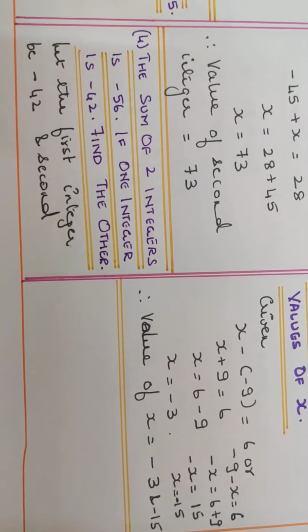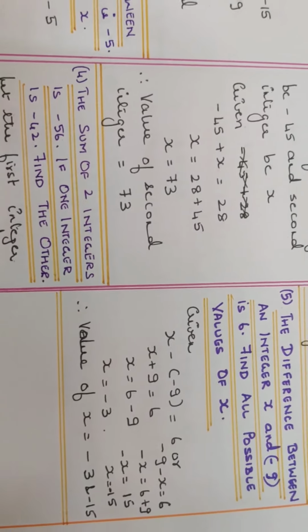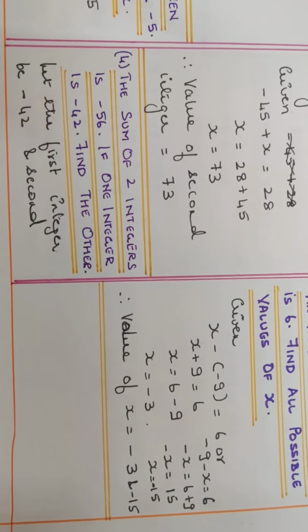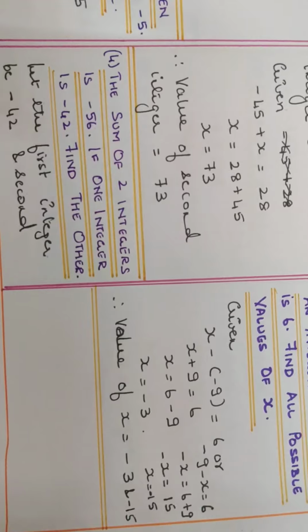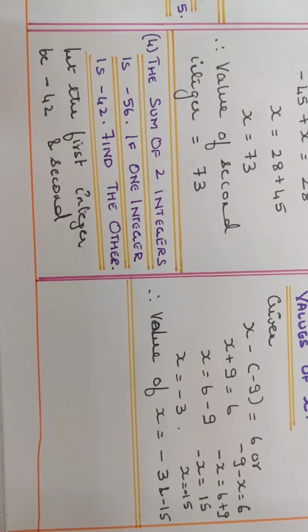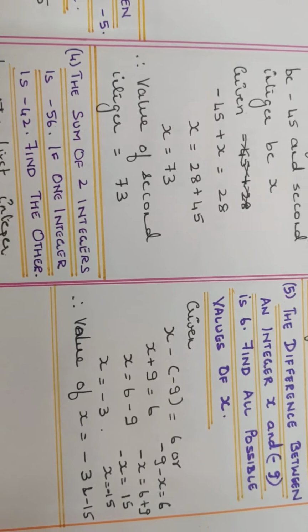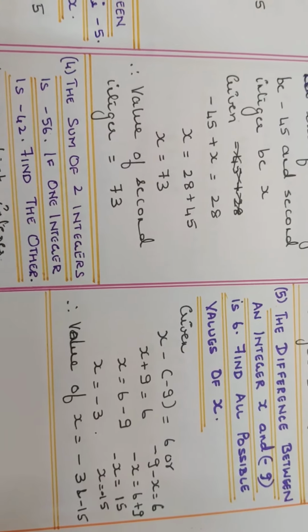Therefore, x is equal to minus 3. Because they are saying all the possible values of x, it also could be minus 9 minus x is equal to 6. Therefore, minus x is equal to 6 plus 9. Minus x is equal to 15. Therefore, x is equal to minus 15. Therefore, the value of x could be either minus 3 or minus 15.